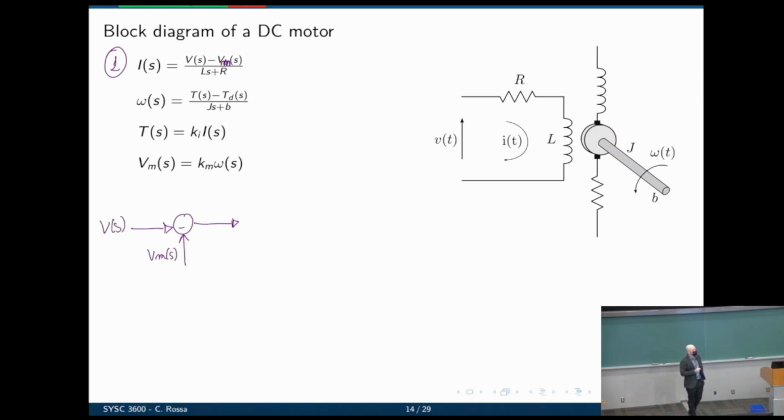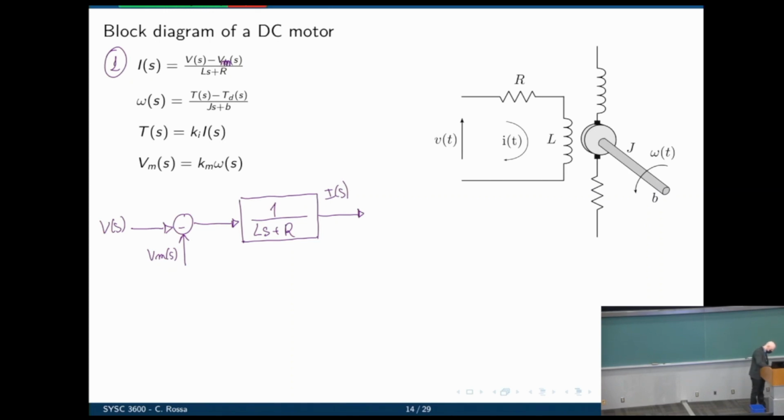And notice now that if we divide that by Ls plus R, what is the result? It's I of S. Let me write it here and let you think about it. If I multiply this by 1 over Ls plus R, the output here is I of S. Do we see that?